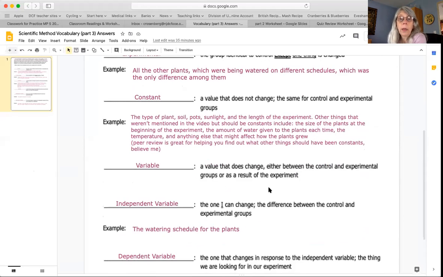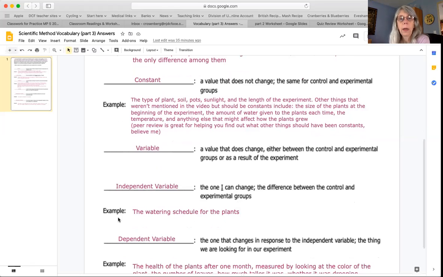Now remember, a variable in science or in math is something that can change. The independent variable is the one I can change, the one I am manipulating during the experiment to see what happens. Like, for example, Moby did it, the watering schedule for his plants. Never water it, every day, 3 times a week, only once a week.